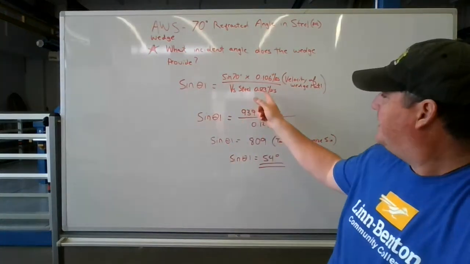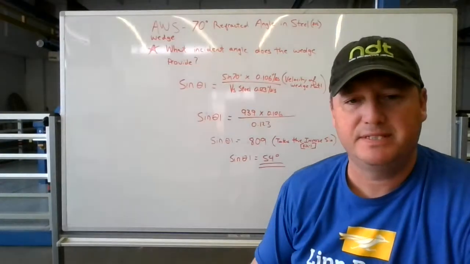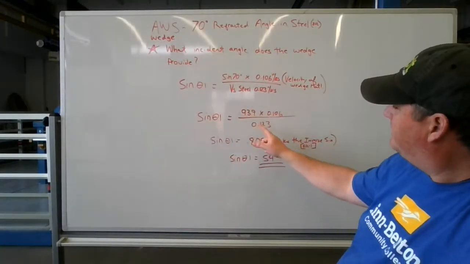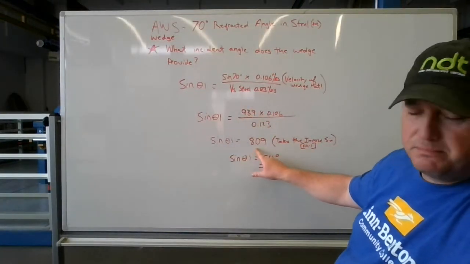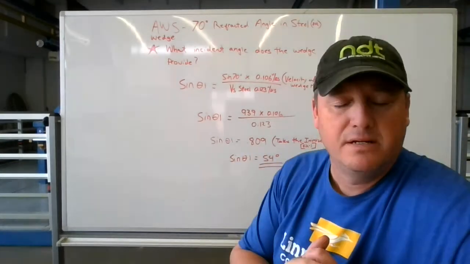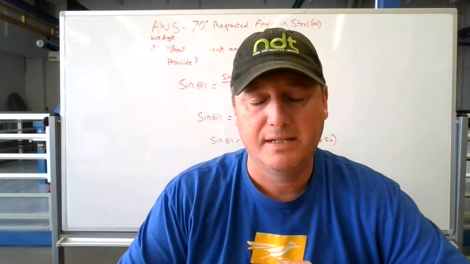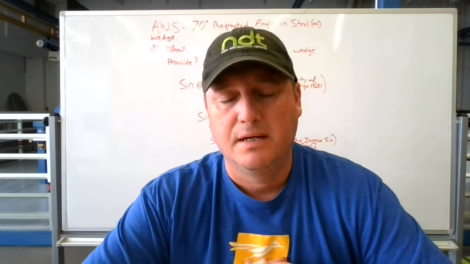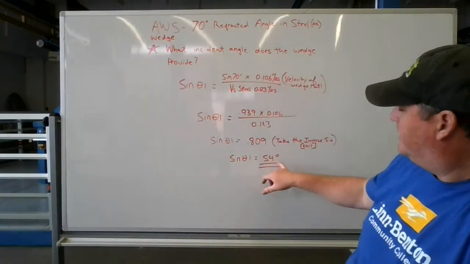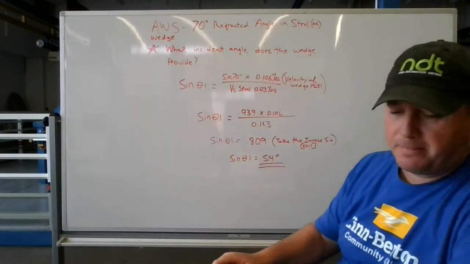So divide that by the shear wave velocity of steel, and I work that problem out, and I get an answer of 0.809. So it's important to remember to take the inverse sine of that value to change it back to degrees. And when I do that, I get 54 degrees.